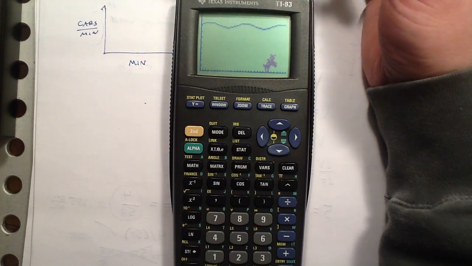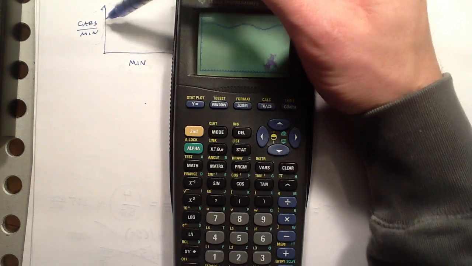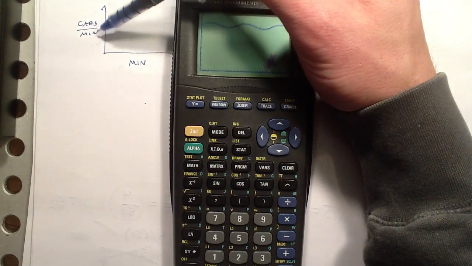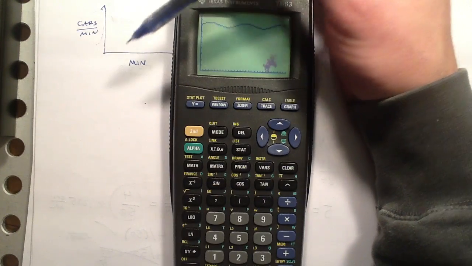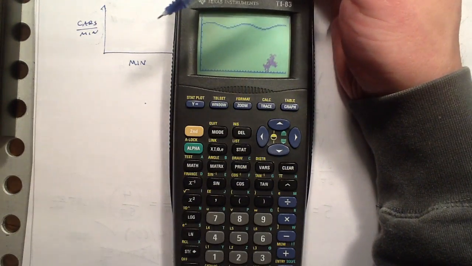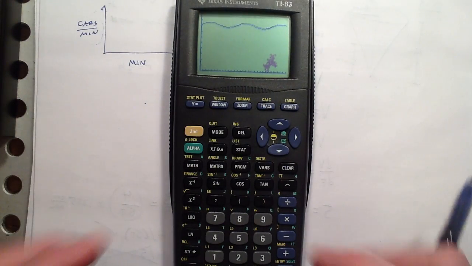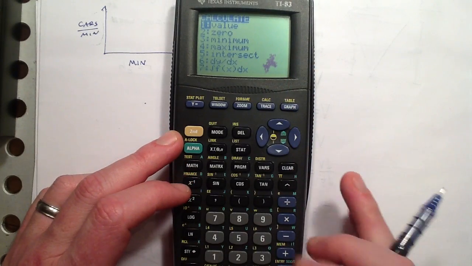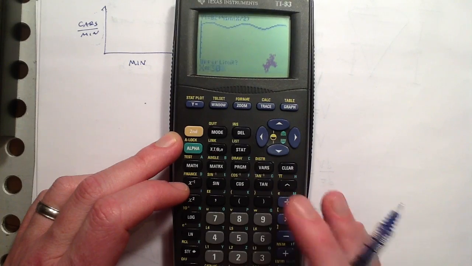We want the total number of cars. Well, when we take areas, then we're multiplying dimensions, like if it was just a rectangle. So cars per minute times minutes gives us cars, and that's what we want, the total number of cars. So we should be integrating here. I'm going to go ahead and do that. Second calculate, since I'm looking at the graph, number 7. I want to go from 0 to 30.